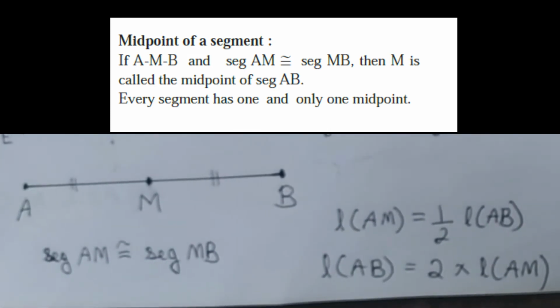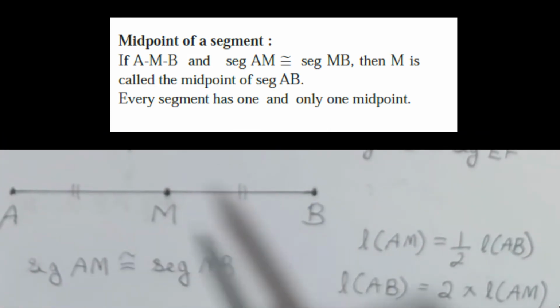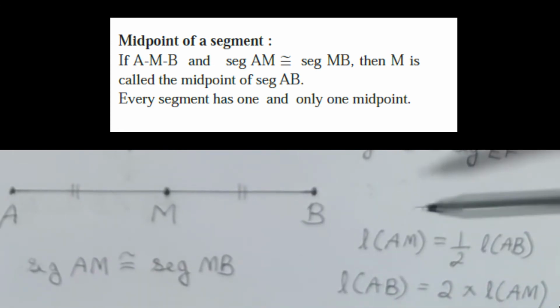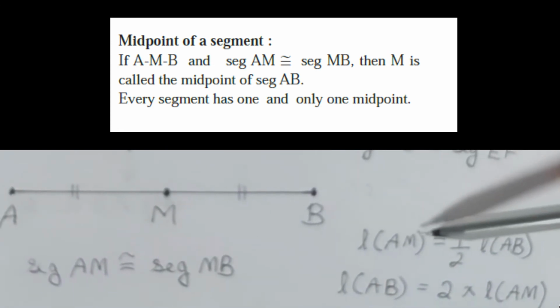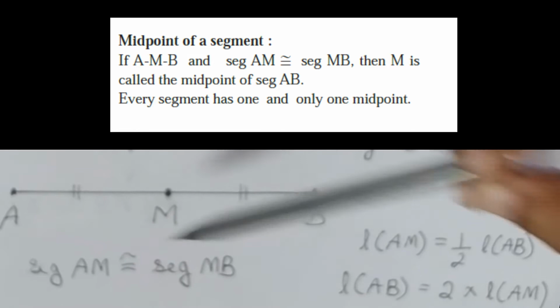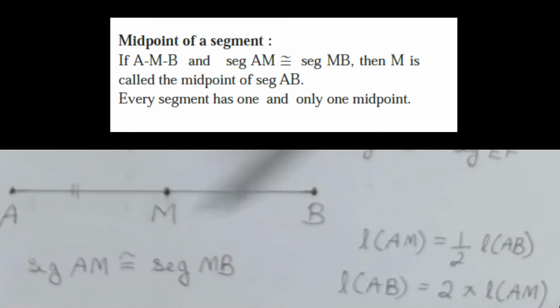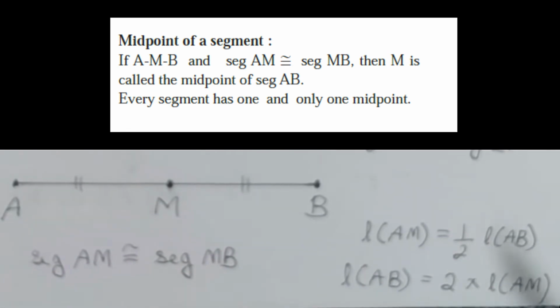M is the midpoint of segment AB. That means length AM will be half of length AB, and length AB is equal to twice of length AM.